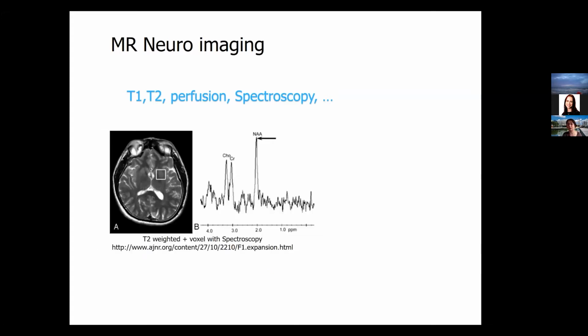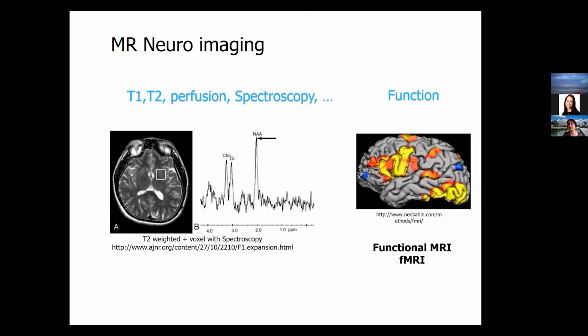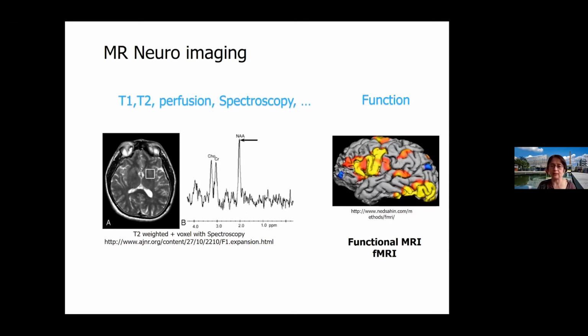For example, spectroscopy can give information about the chemical composition in areas of the brain, or functional MRI gives information about what areas of our brain are activating when we are doing some functions. So what are the functions of different areas of the brain? Magnetic resonance is a medical acquisition technique that is incredibly versatile and allows you to acquire a lot of different information.